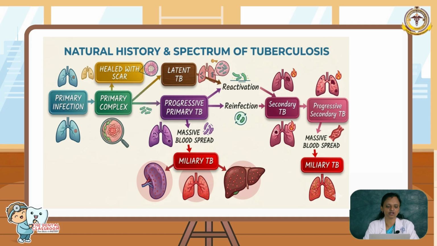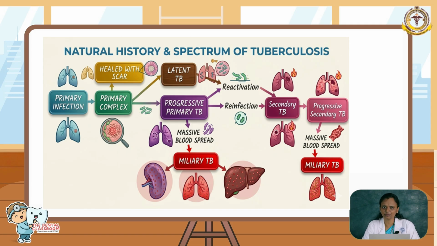Here in this picture you can concentrate on the overview of the entire clinical spectrum of tuberculosis, the subtypes of TB and their characteristic morphology. Firstly, primary TB. All these primary and secondary forms usually affect the lungs only. In primary TB there will be some consolidation or granuloma formation in the lung as well as the lymph nodes.